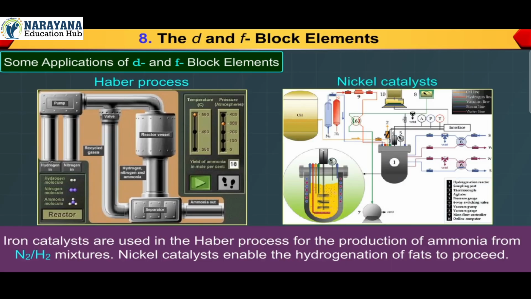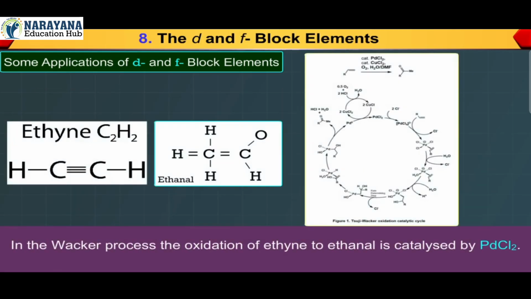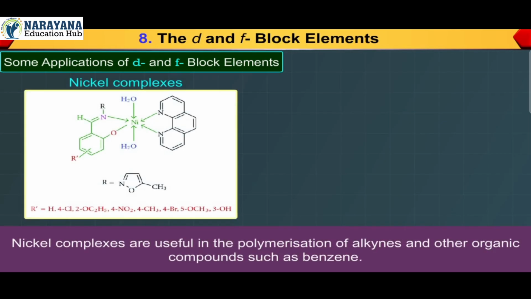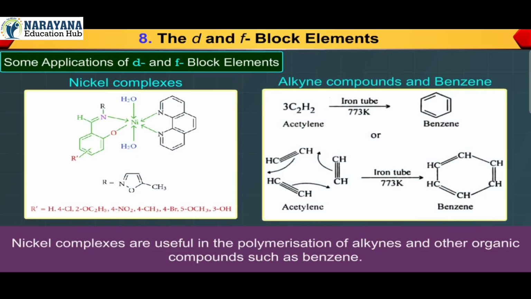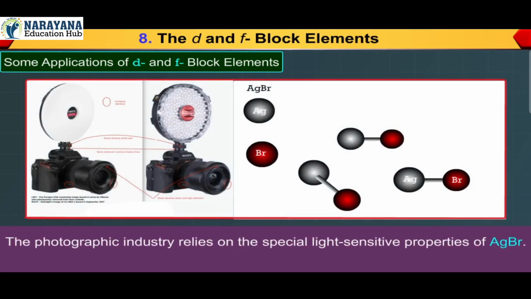Nickel catalysts enable the hydrogenation of fats to proceed. In the Wacker process, the oxidation of ethene to ethanol is catalyzed by PdCl2. Nickel complexes are useful in the polymerization of alkynes and other organic compounds such as benzene. The photographic industry relies on the light sensitive properties of AgBr.